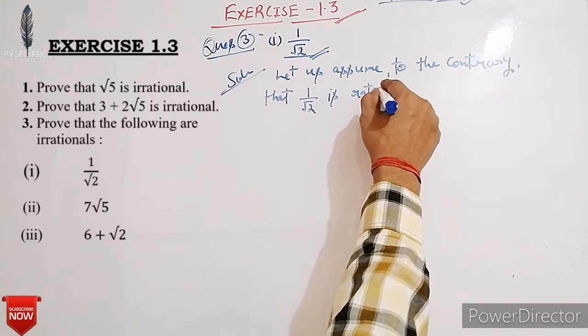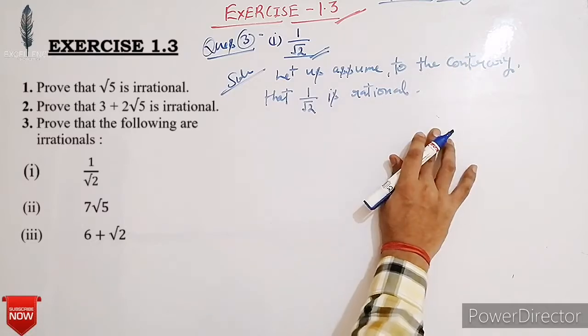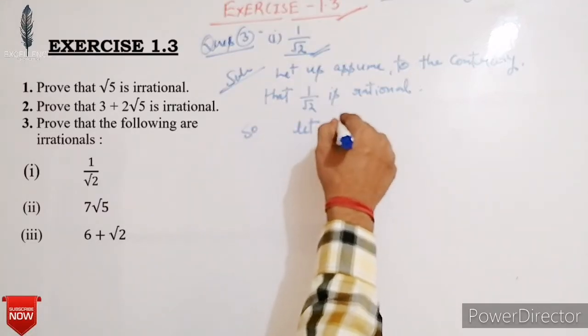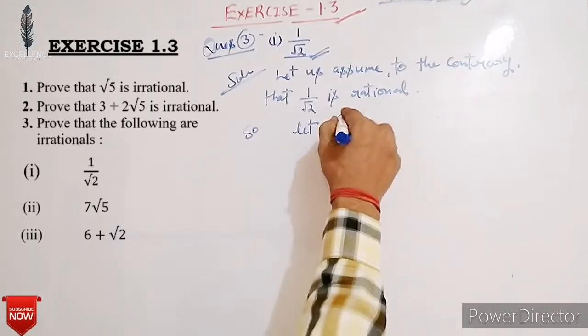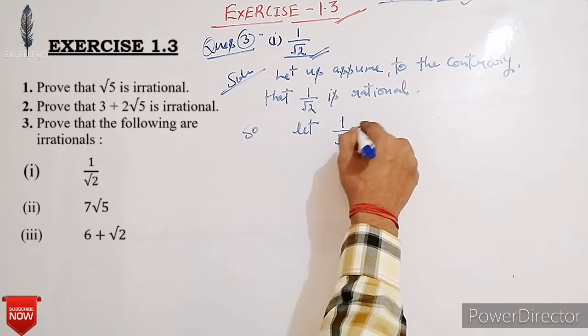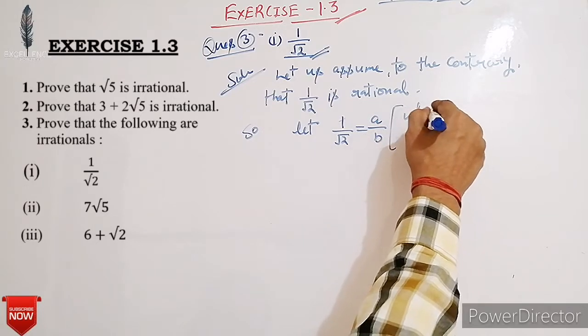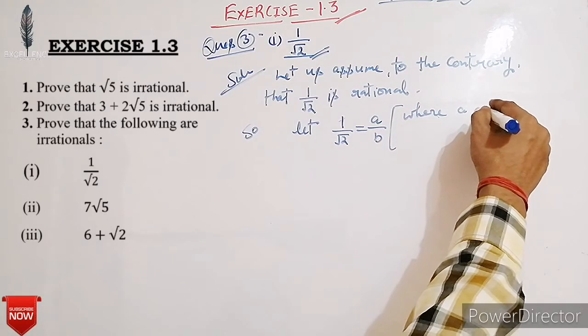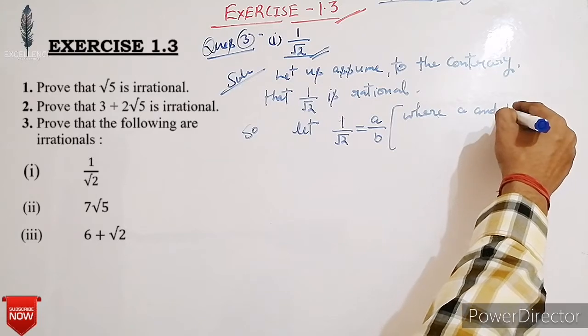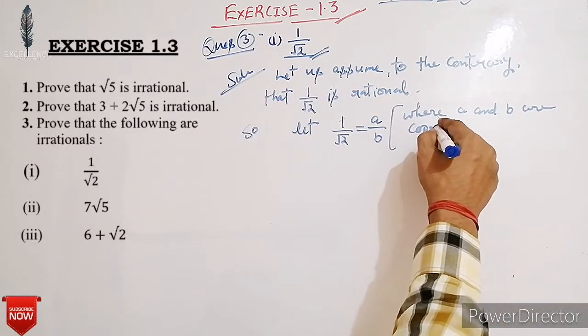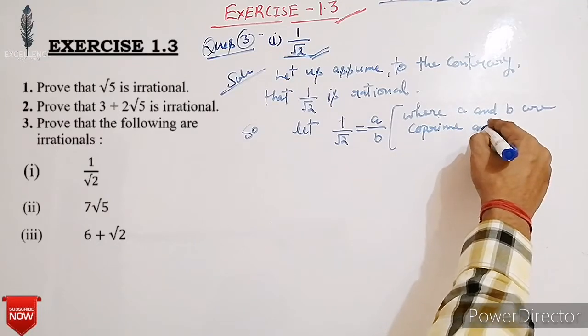Okay, students? So here let 1/√2 equal a/b, where a and b are co-prime and b does not equal 0.